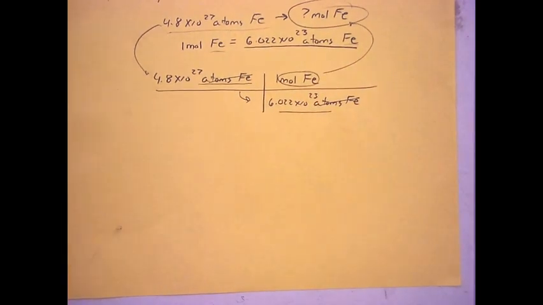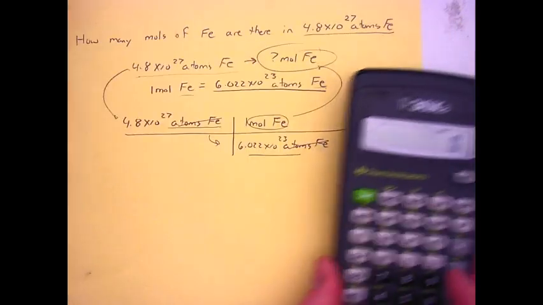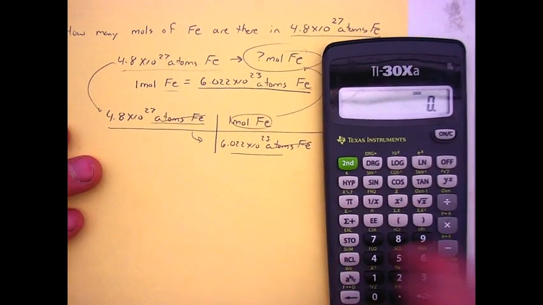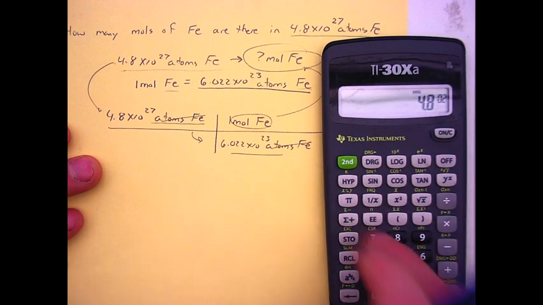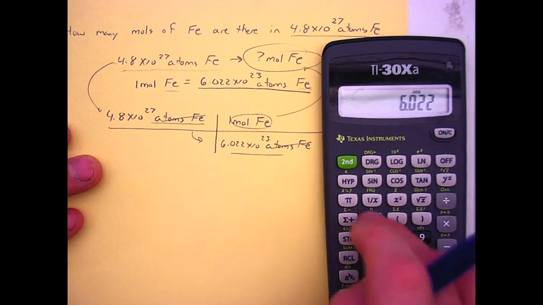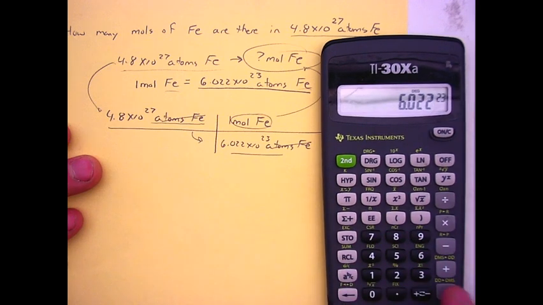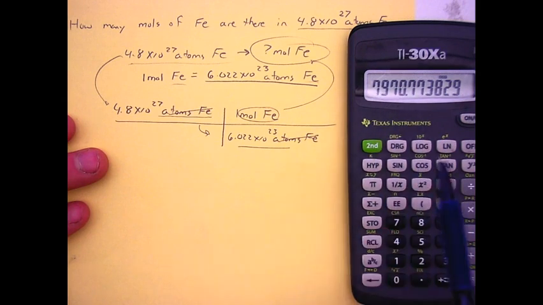This time when we use our calculator, instead of multiplying, since it's on the bottom, we're going to divide. And we have 4.8 EE27 divided by 6.022 EE23 equals. And I get 7,970.